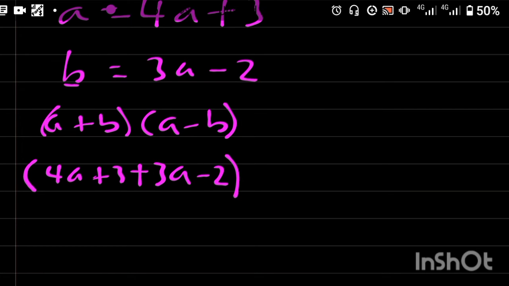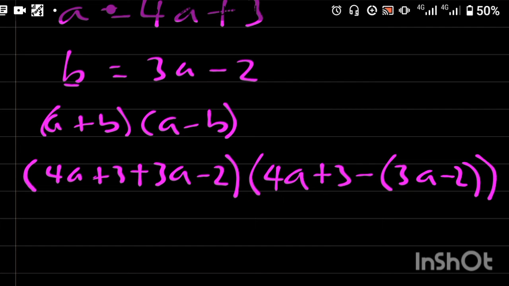Close your bracket, open another bracket. Inside the second bracket, I have a − b. My a is 4a + 3, then minus, open a bracket so as not to make a mistake, 3a − 2. Then close your bracket.